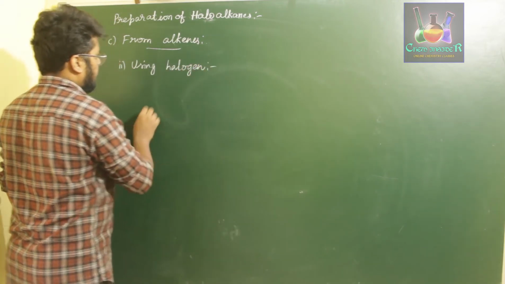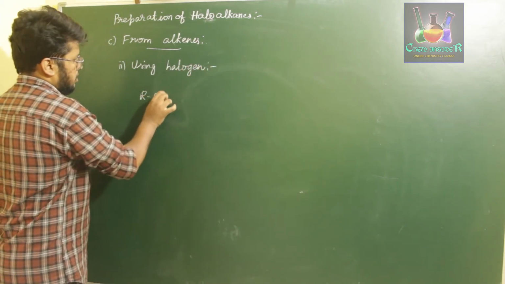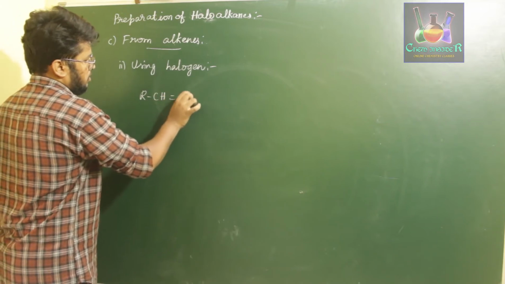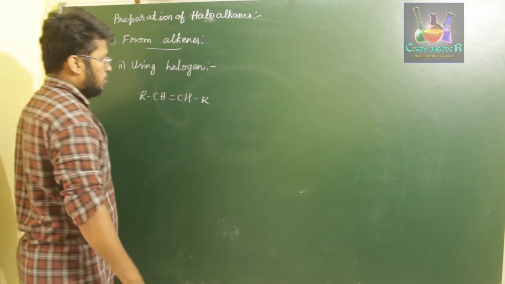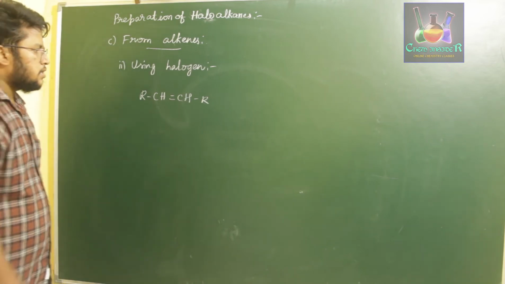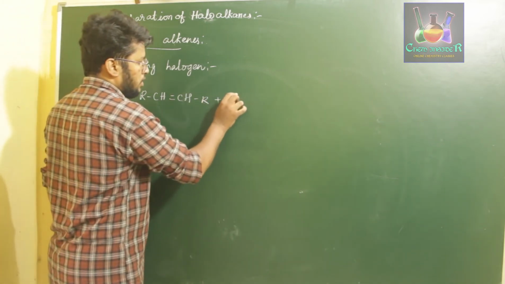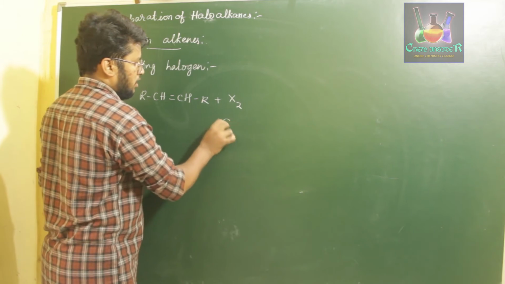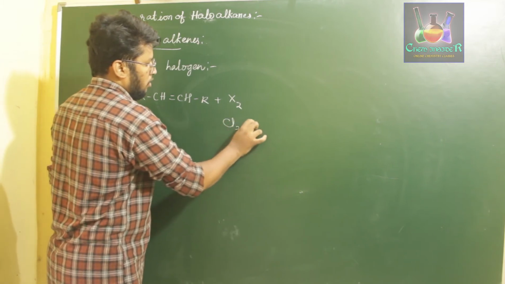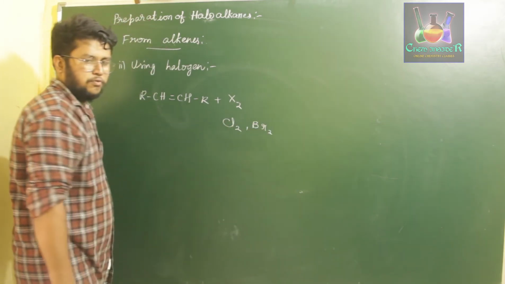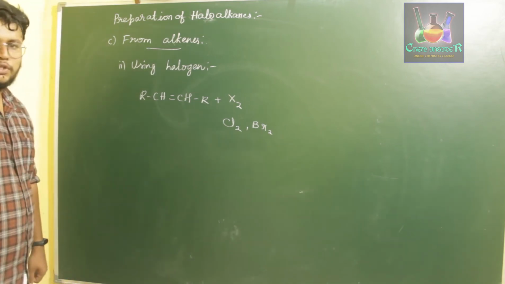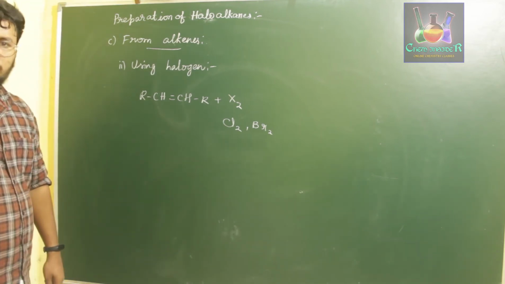Whenever you treat alkenes, let us say RCH=CH-R, with halogens such as X2, usually we take chlorine or bromine molecules, but not iodine or fluorine. So usually the halogens used for this process are either chlorine or bromine molecules.